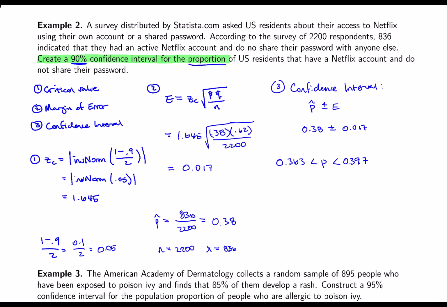So what we're saying is with 90% confidence, we are certain that the actual percentage of people who have an account but don't share their password is somewhere between 36 and 39% effectively.